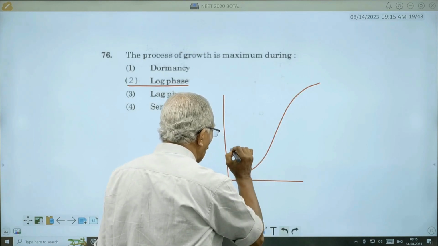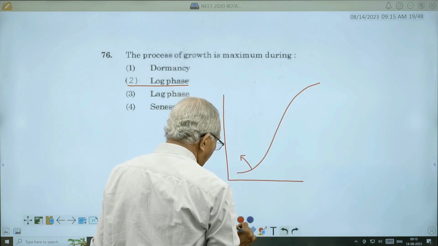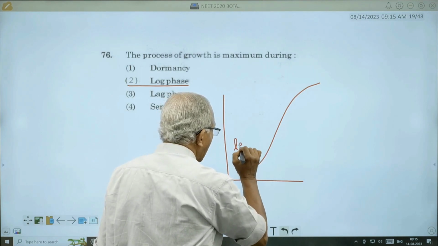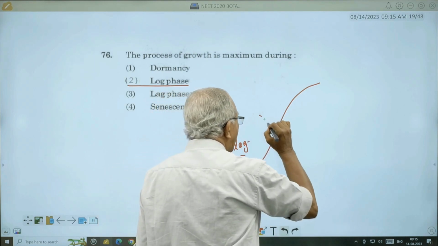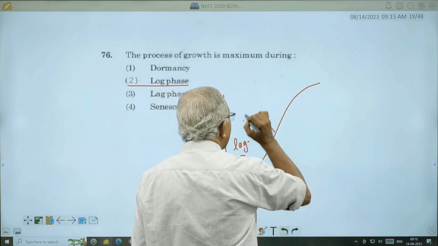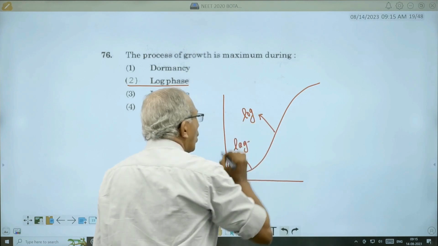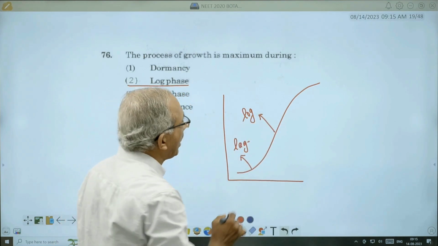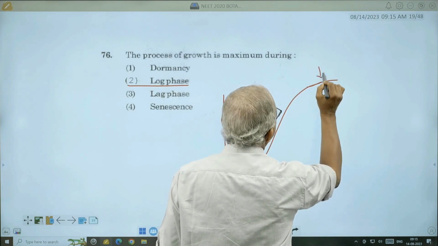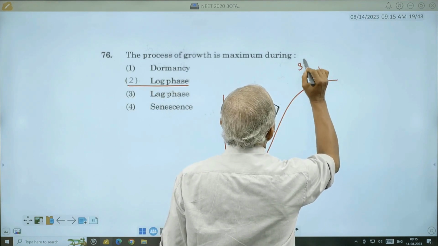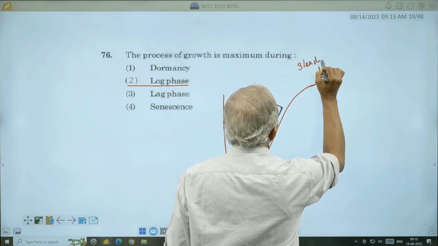So the initial stage of growth is slow. It is called the lag phase, and then the growth rate increases rapidly, called the log phase. Then the growth rate slows down, and this is called the steady phase.